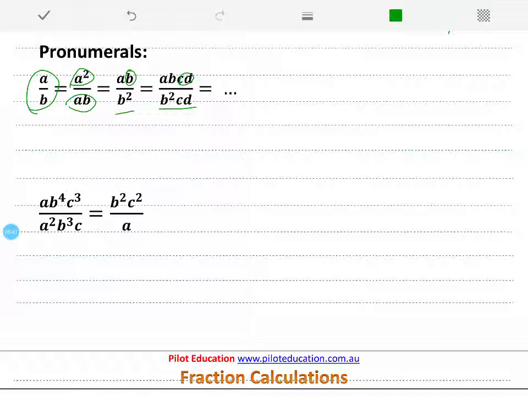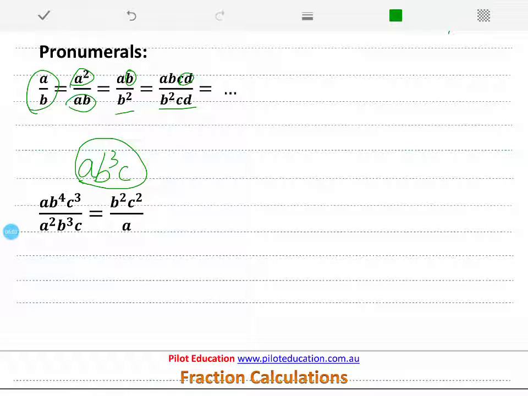Here, the largest common factor for a is a, for b is b cubed. We always choose the lowest power for each variable. So for a the lowest power is 1, for b it is 3, and for c it is 1. So just c. That's the largest common factor for both the numerator and denominator.